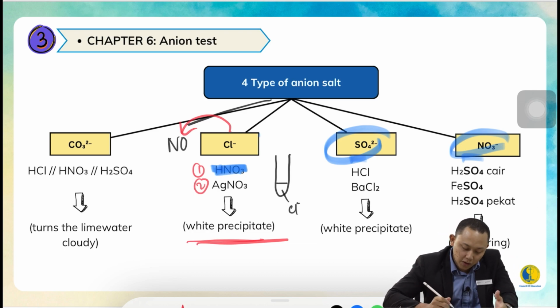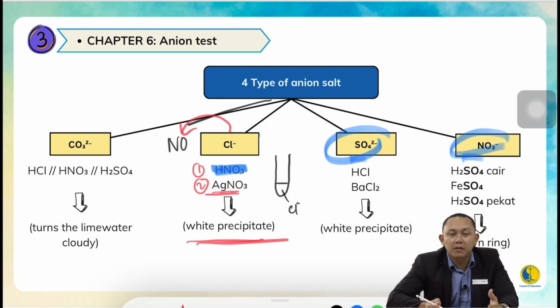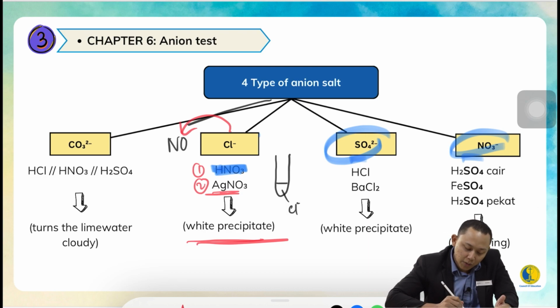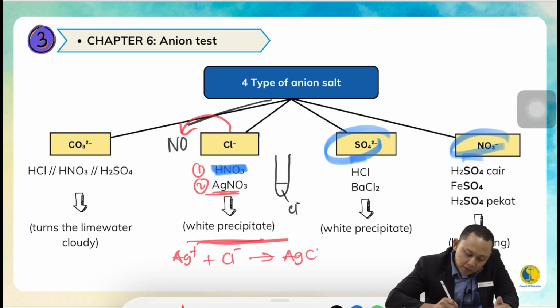Why I said so? Because here, this one having silver cation, correct? Got Ag+ there. So when this Ag+ react with the chloride ion, it will form silver chloride.